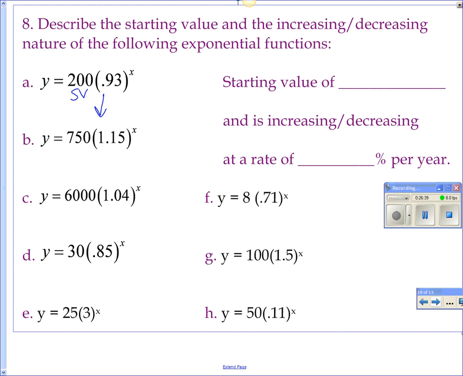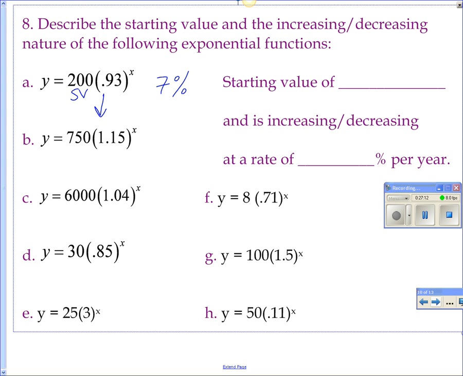So what you're going to do in your calculator is you're going to do 1 minus 0.93, and it gives you 0.07. What would that have been as a percent in the original problem? 7%. Somewhere there would have been a 7%.